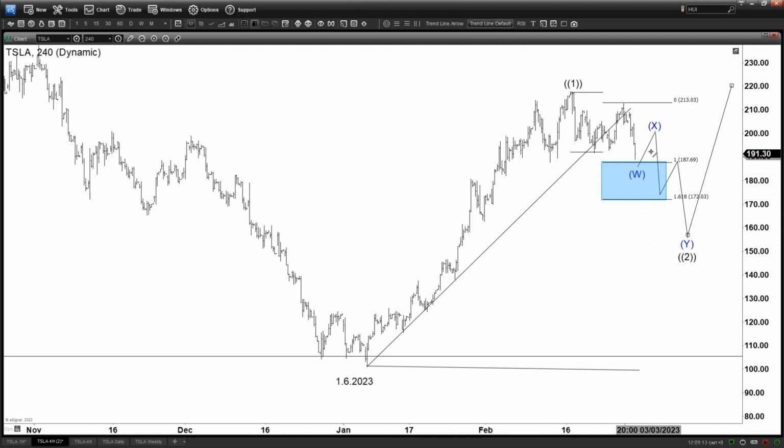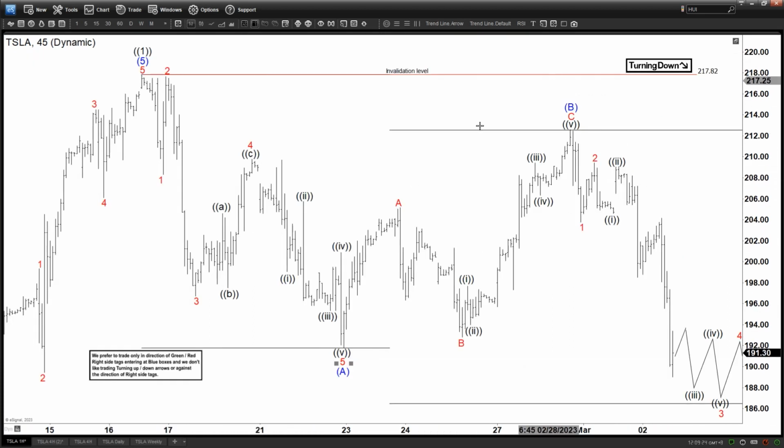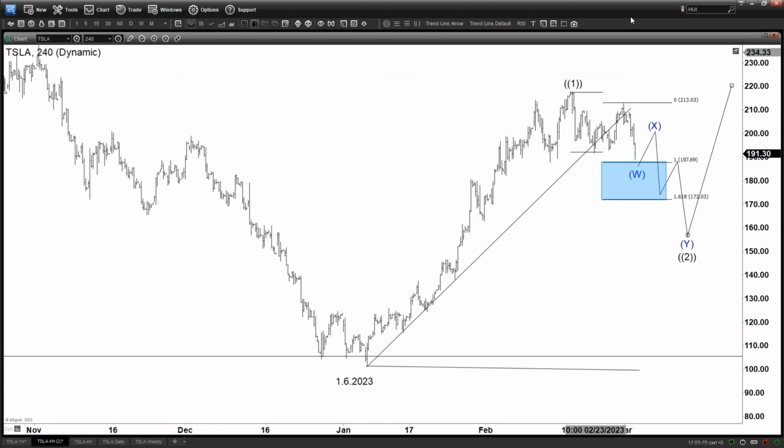But even if we assume this is the one that is going to play out, which it could, we don't call it. Basically based on the count here, we are just calling the more aggressive view. We always call the most aggressive view in the direction of what we believe to be the higher degree trend, right?